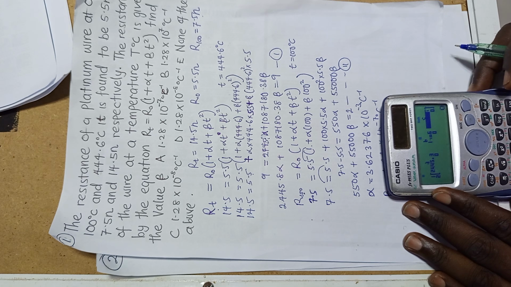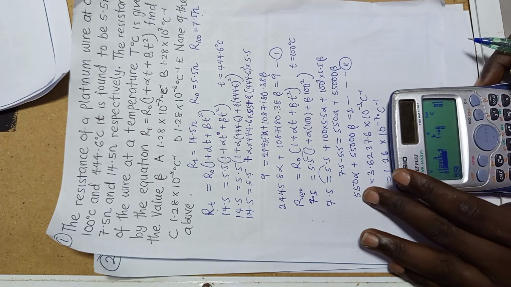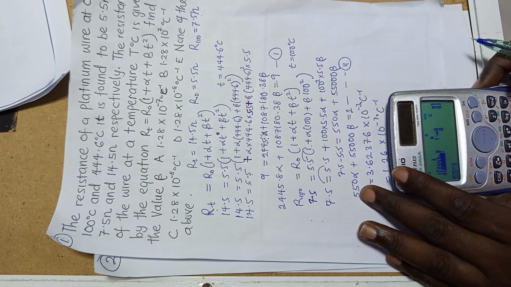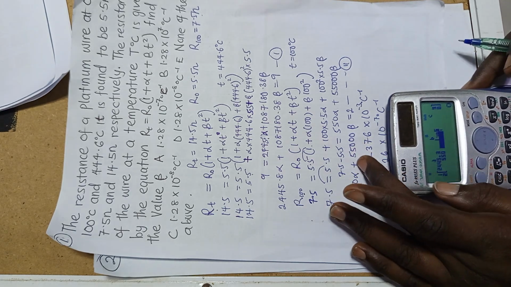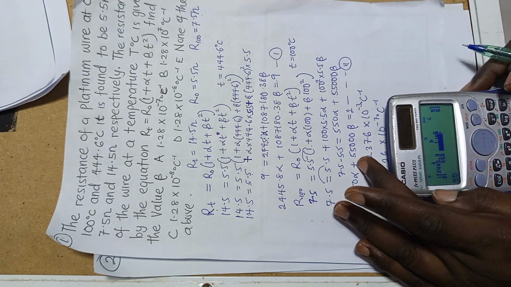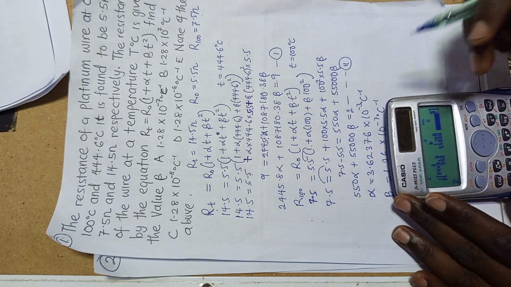For the second one, 550 is our x, our y is 55,000, and our s is 2.